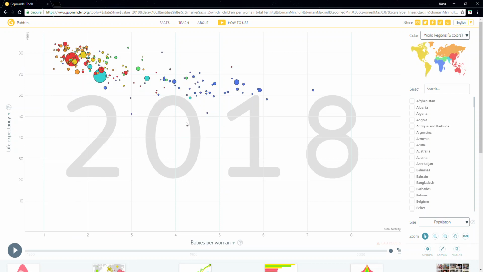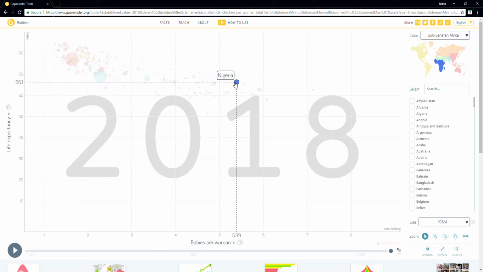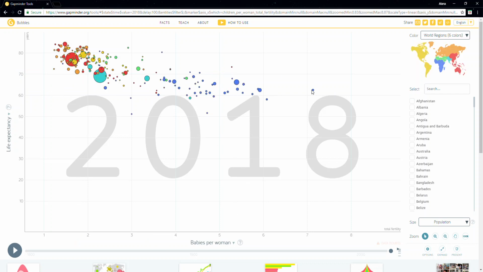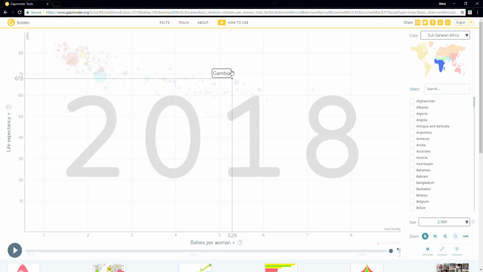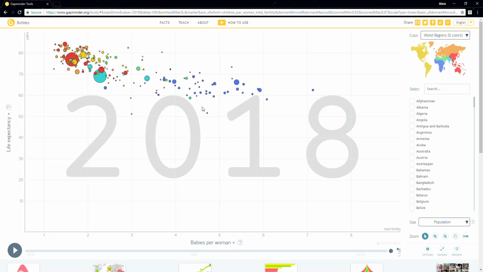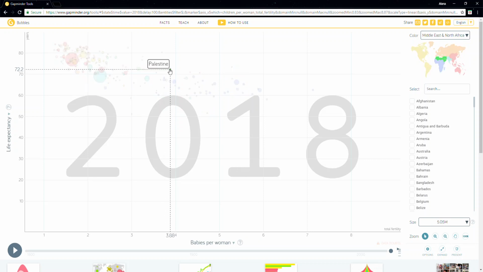So very, very powerful. There is still an issue with some third world countries, and you can see a lot of them are blue dots. Niger, Nigeria, Congo, Mali, these are sub-Saharan African countries. There's Timor, which is a very tiny island in the Pacific, stuff like that. The Solomon Islands, these are very poor islands.